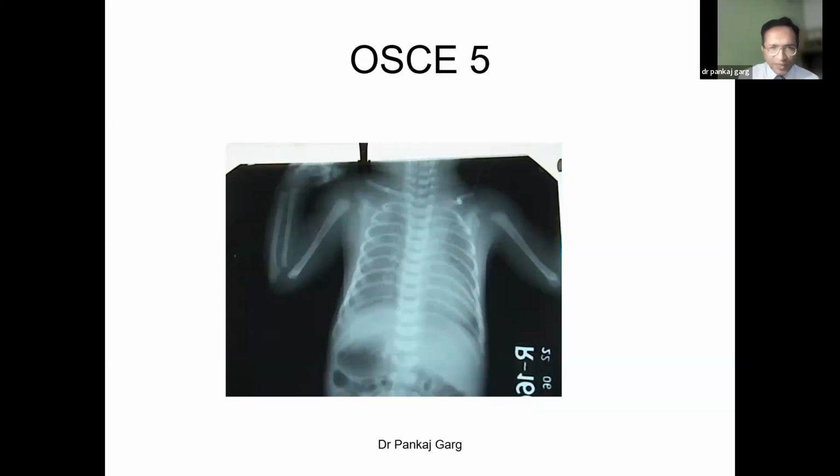So whenever you are asked to look at an X-ray, always look at the label. So this is very clear. This is a very difficult X-ray to pick up because the label here is showing right is this side. So liver is also right and heart is also right. This is dextrocardia and this is not situs inversus. This is situs solitus and this is dextrocardia. Right now you're able to pick it up. This is dextrocardia.